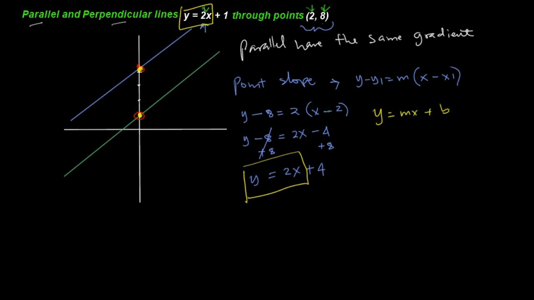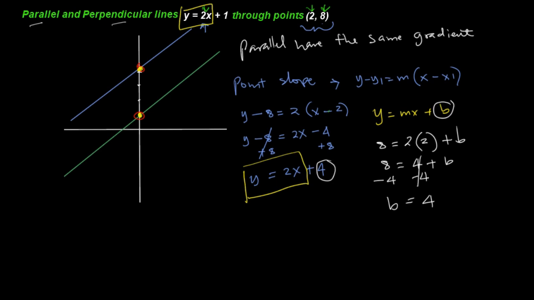Instead of using the point-slope law to calculate the value of b, we can plug in the values of the points that have been given, which is 8 is equals to m, which is 2 from the gradient, times x, which is 2, plus b. So 8 is equals to 4 plus b. So if you minus 4 here and we minus 4 here, we literally get b is equals to 4, which is what we got on this other equation.